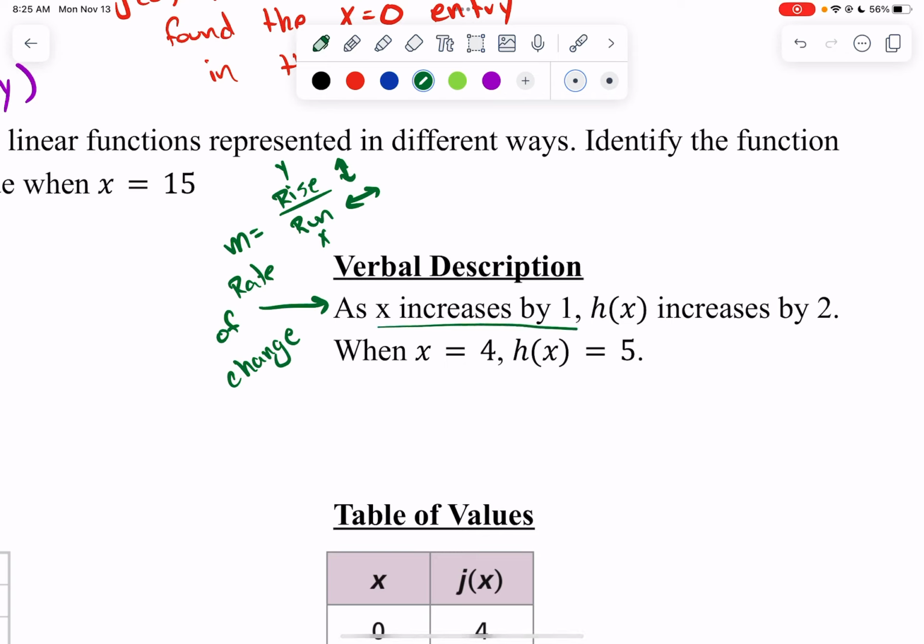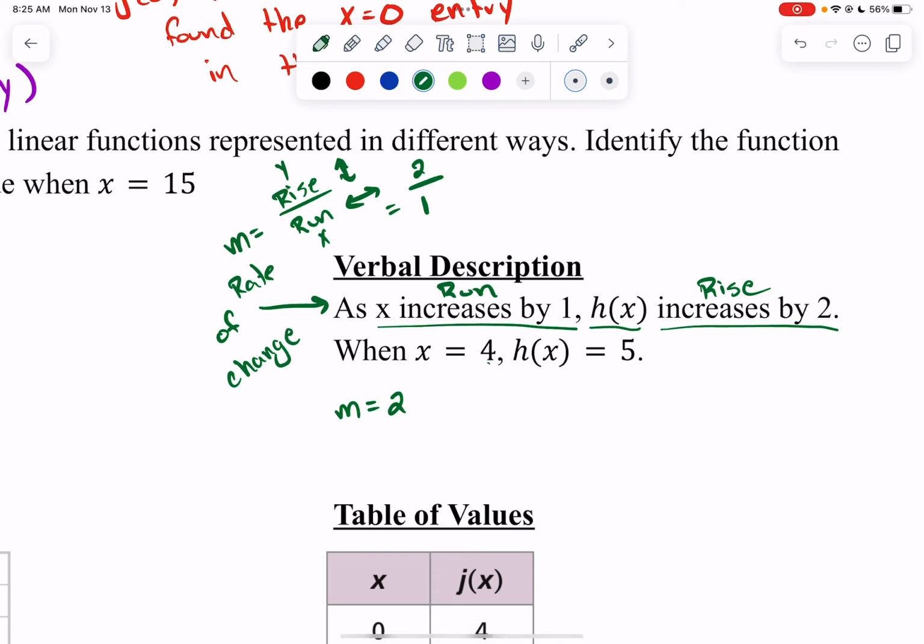X increases by 1, so that tells me that my run is positive 1. So here my run is positive 1. My rise, my h of x increases, which goes up. So this here is telling me my run. This part here is telling me my rise. My rise is going up by 2. So I know this has a slope of 2.